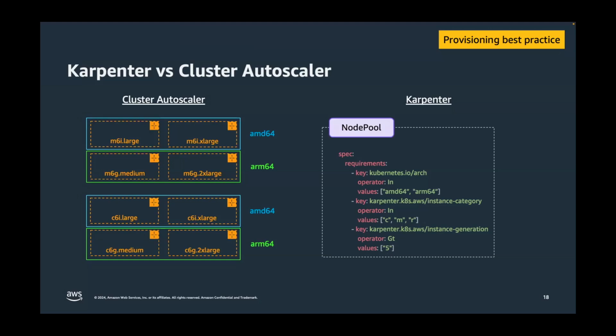And conversely, to do this set of configuration in the cluster autoscaler, I have to create many node groups and many auto-scaling groups, which would be very cumbersome and hard to maintain, right? So if you want to try out Karpenter, this is the best time to do so, right? And you'll find that you'll get a good experience.